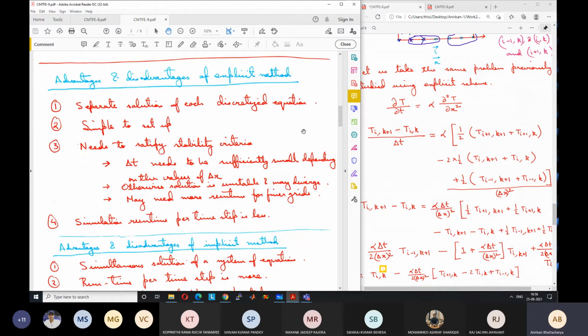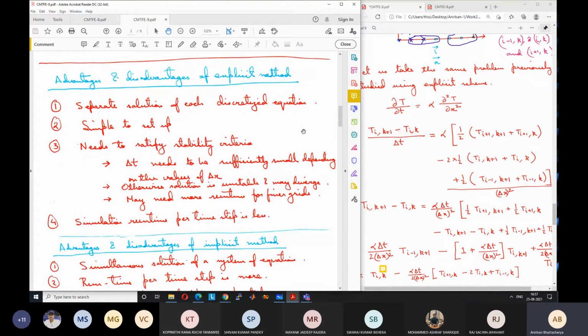Complicated physics means that the equation is very complicated, say with non-linearity. In those types of situations, the explicit method is easier to implement and much easier to solve.